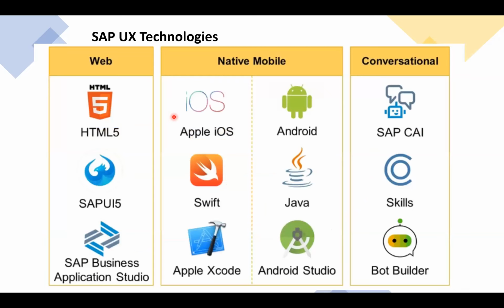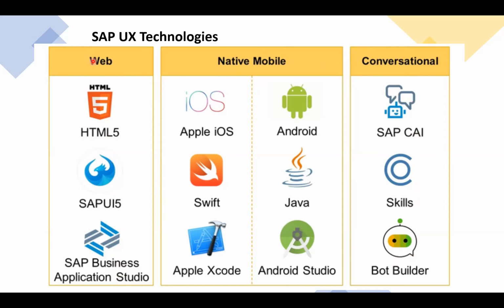Okay, so moving next, the UX technologies. All these technologies we see here: web applications, native mobile applications, and conversational applications. These are more automated and intelligent applications. Every technology we see here is part of SAP right now.